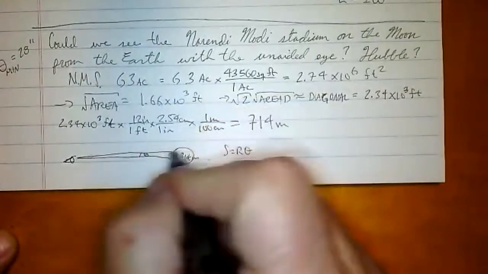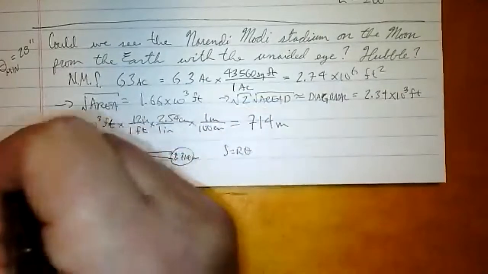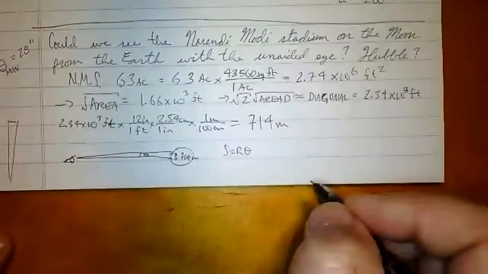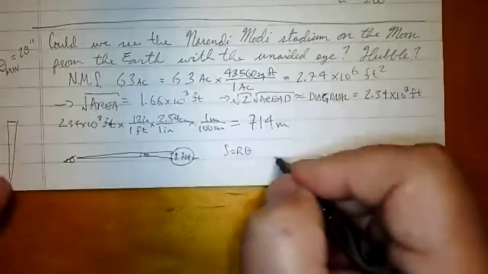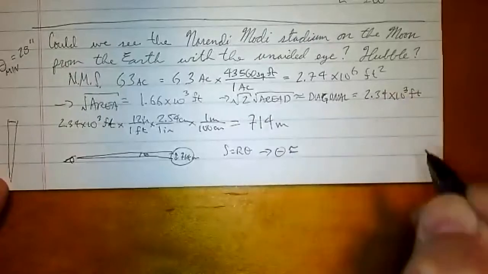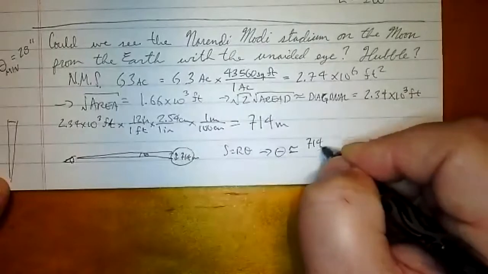And actually, if you spread that over the distance to the moon, then you also see that it is pretty flat that way. So we can actually use this. So what I'm going to do is say theta is about equal to S over R. Now S would be the 714 meters.